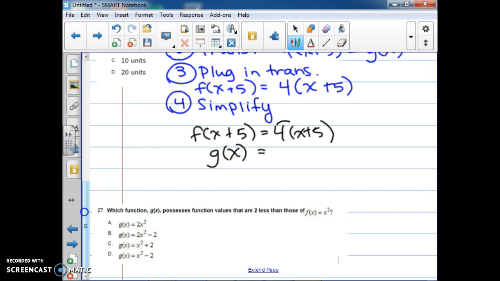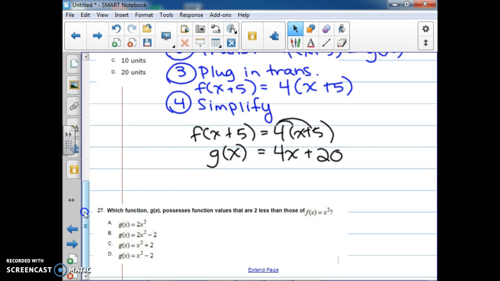And then I'm going to distribute here. 4 times x is 4x, and 4 times 5 is 20. You will not have to do that in every problem, but we're going to do that here because this is a linear equation, actually, and our question is asking us about the y-intercept. So in order to find the exact value for the y-intercept, I have to distribute: 4 times 5 is 20.